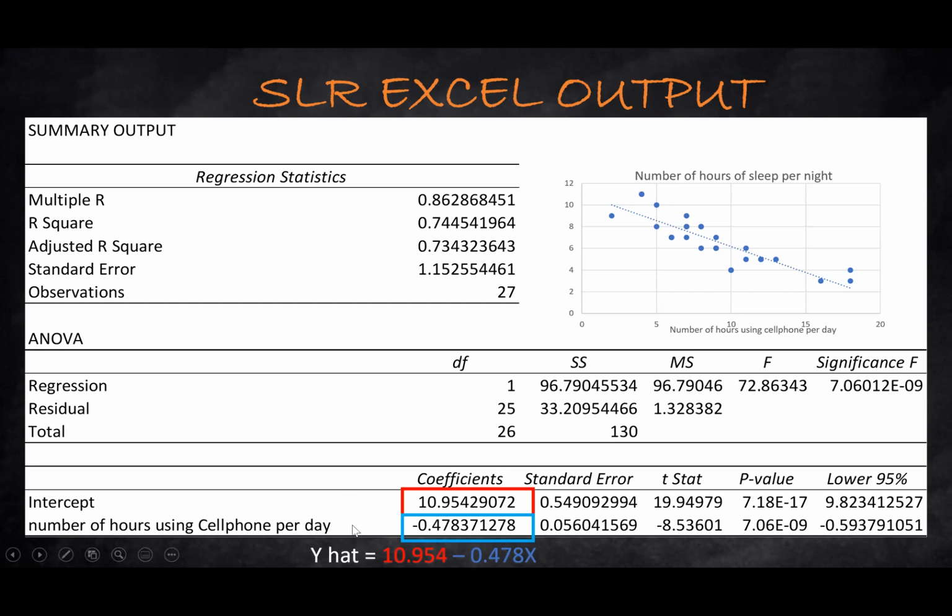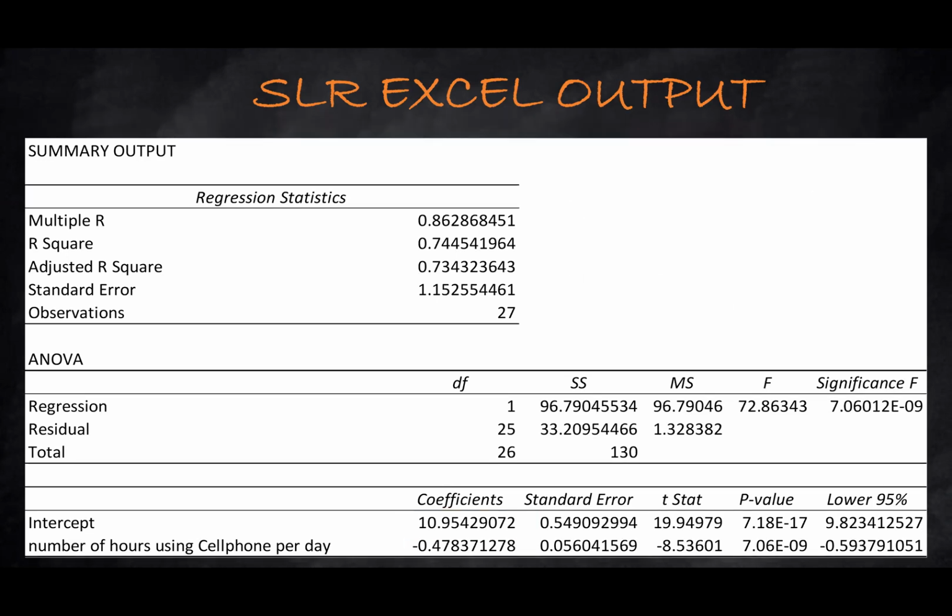This equation gives us the relationship between our independent variable x and the dependent variable y. Our next step will be to analyze the rest of the output and focus on the ANOVA table. The ANOVA table will help us later on with testing the significance of this model.